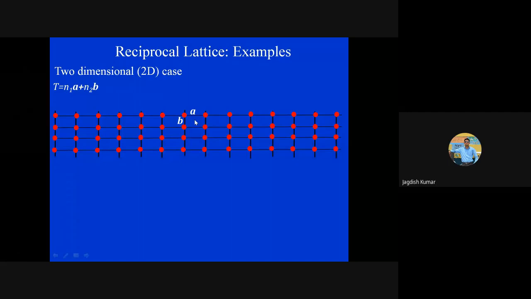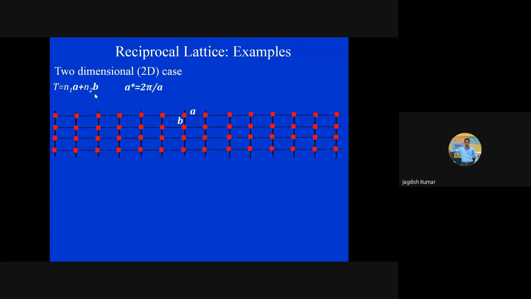Then if I do a translation along A by n1 is 1 into A, I will be coming to this neighboring cell. So this point and this point are going to be exactly the same. Means any operation in this 2D lattice is translationally invariant with respect to this translation operation. I hope it is clear, right?